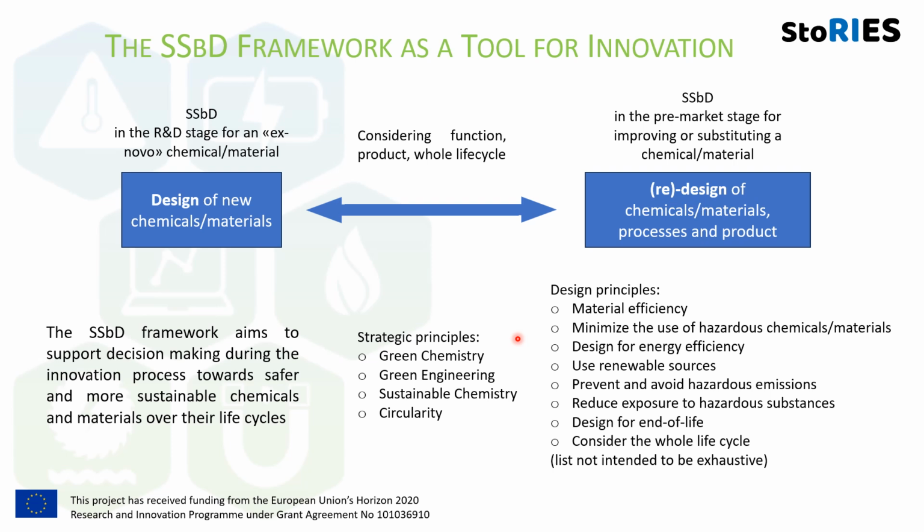These design principles can be listed as: to enhance the material efficiency, to minimize the use of hazardous chemicals, the use of renewable sources, for example, or to prevent the emission of substances of concern, or to already design the end of life of this material, and to maybe reduce the exposure to hazardous substances for the worker.